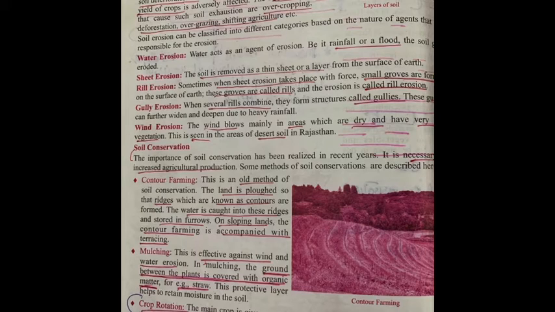Next one, soil conservation. If we want to increase agricultural production, then we have to preserve the soil. We have different types of soil conservation methods. We will see them one by one. The first one is contour farming.